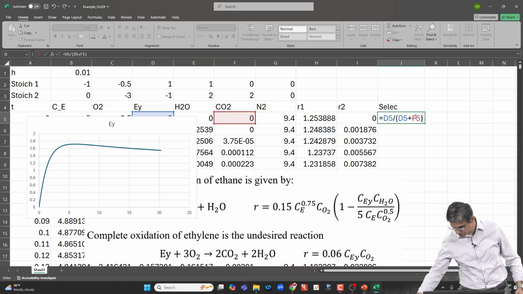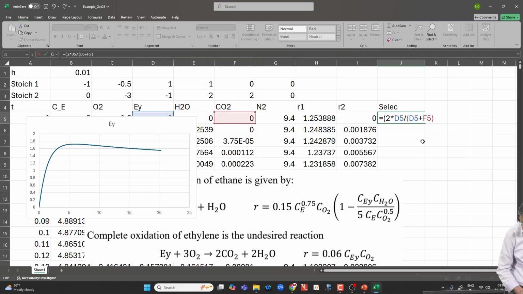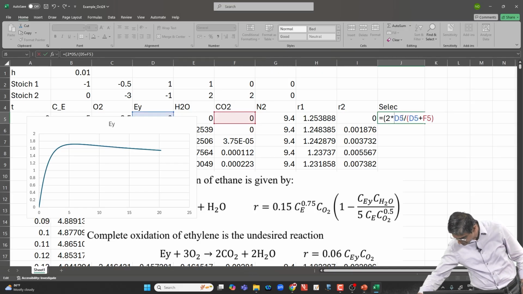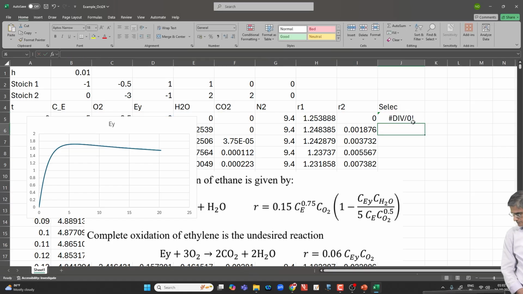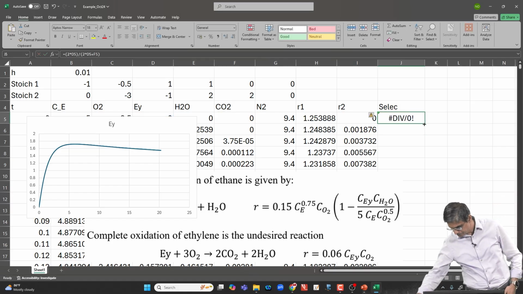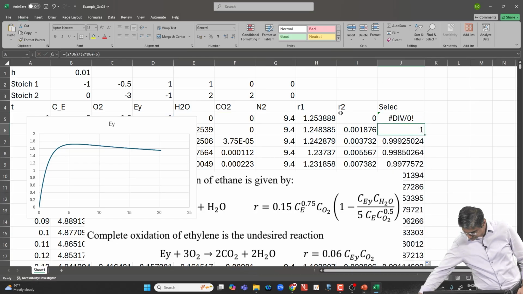So, in fact it won't be defined like this, it will be defined in terms of carbon selectivity. So it is 2 multiplied by ethylene divided by 2 multiplied by ethylene in the denominator and 1 multiplied by CO2 in the denominator. Why? CO2 has 1 carbon, ethylene has 2 carbons.